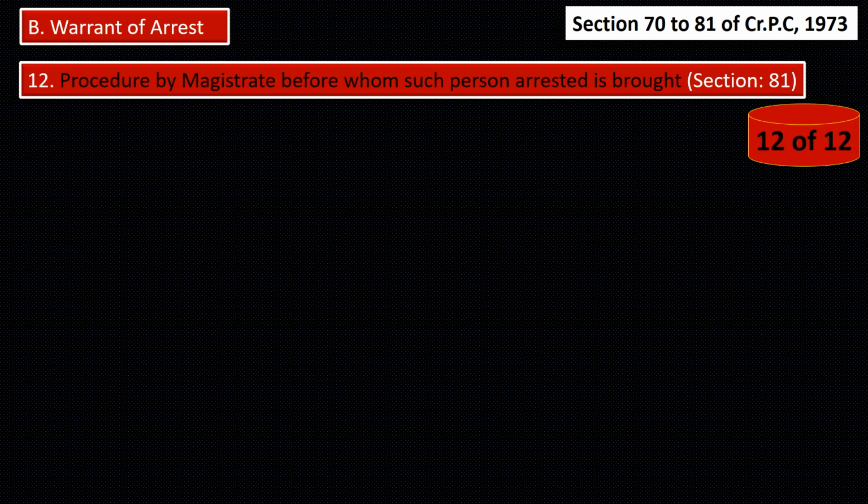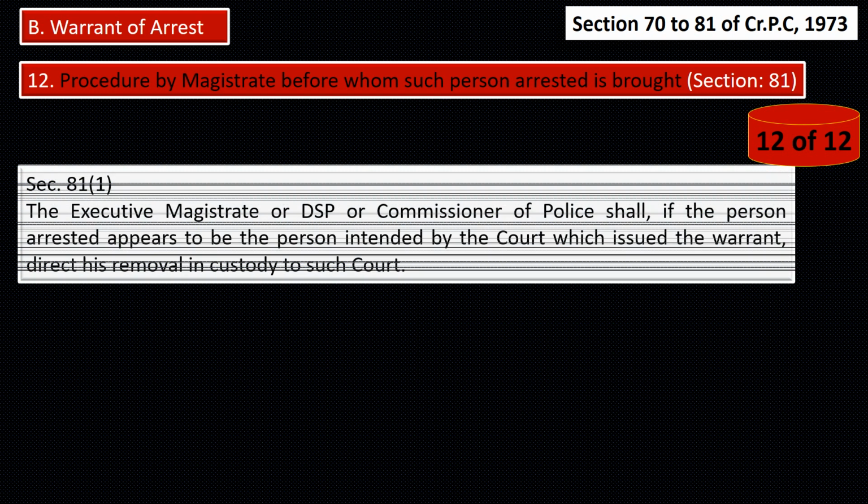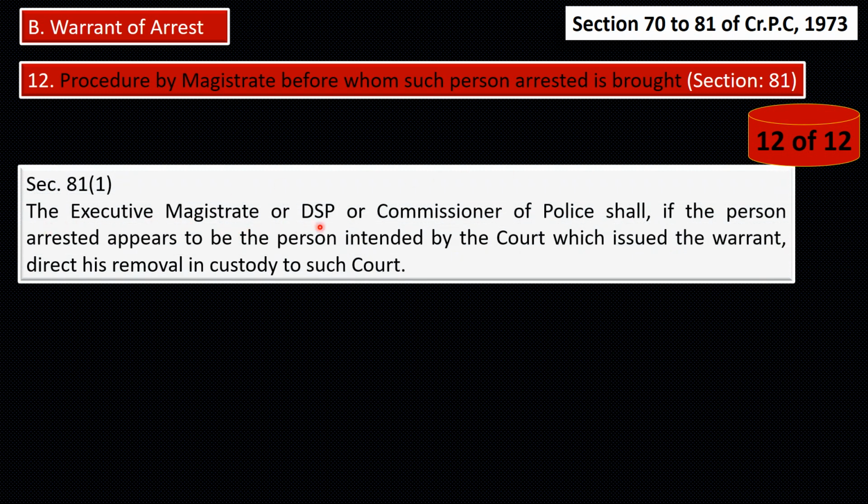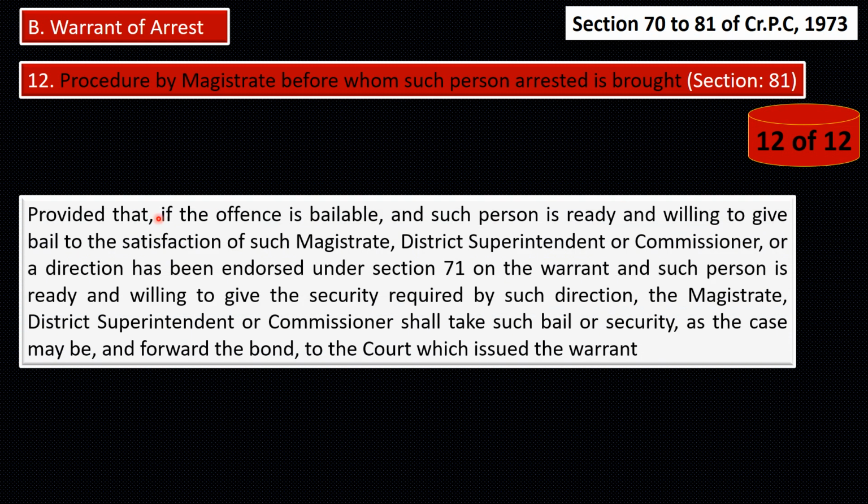Section 81. Subsection 1 of section 81 says this: the executive magistrate or the DSP or commissioner of police shall, if the person arrested appears to be the person intended by the court which issued the warrant, direct his removal in custody to such court, provided. Now, provided means subject to the condition. Subject to the conditions given above.